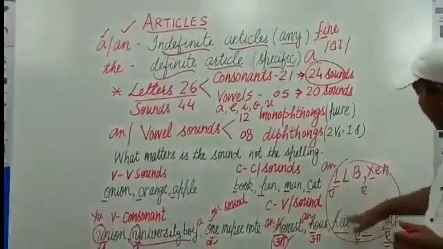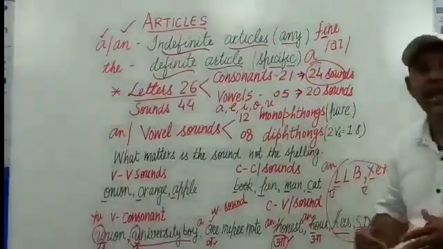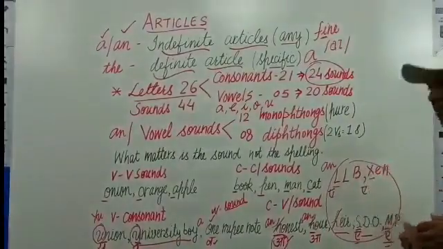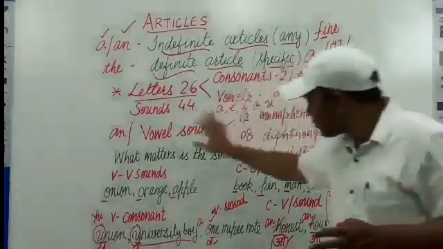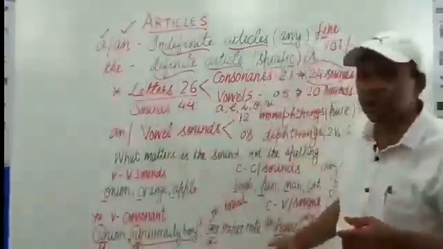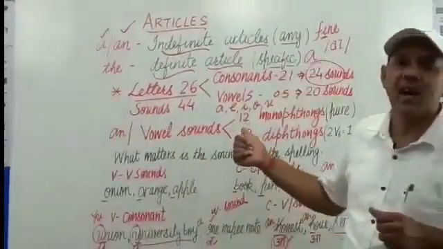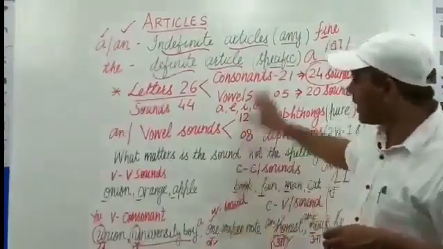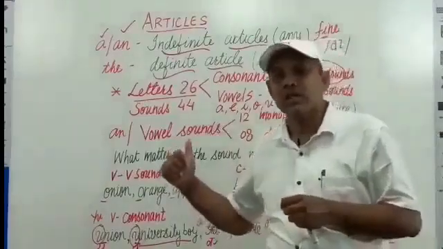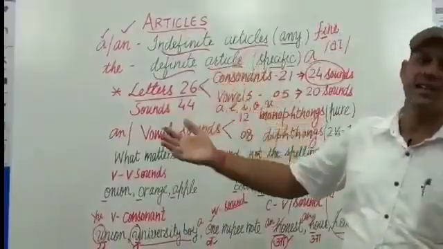But when they are written in abbreviated forms, SDO, then we'll use an SDO, an LLB, an MP. We must have a good command over the sounds. Then there will be no error while filling in the exercise of articles. That's why we had this brief discussion over the sounds. And now we shall discuss articles in detail.